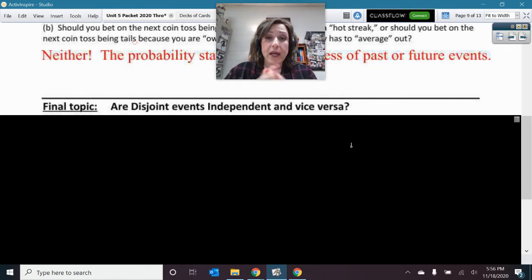So in order to know what the relationship is between disjoint and independent, we have to break it down into its fundamental definition. And by breaking it down into its fundamental definition, you will see the results that we're about to discuss, and in summary, what the relationship is between disjoint and independent events.